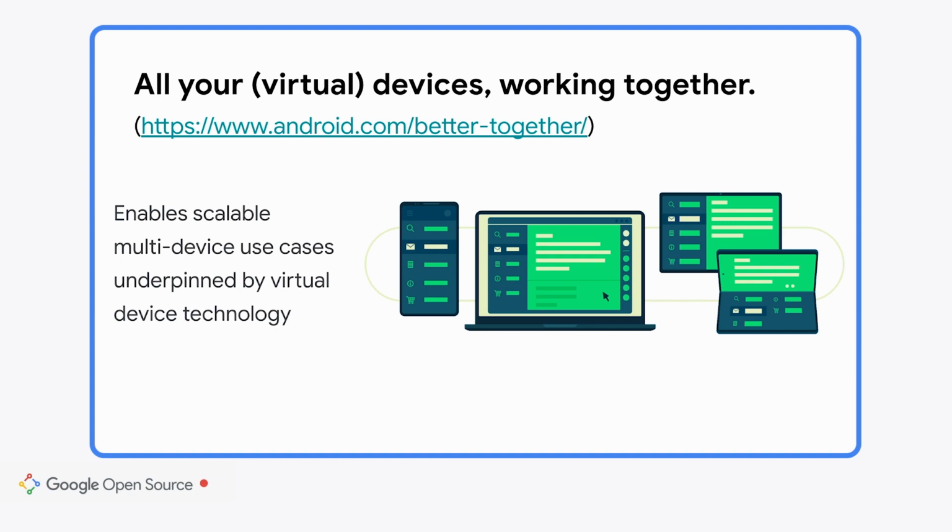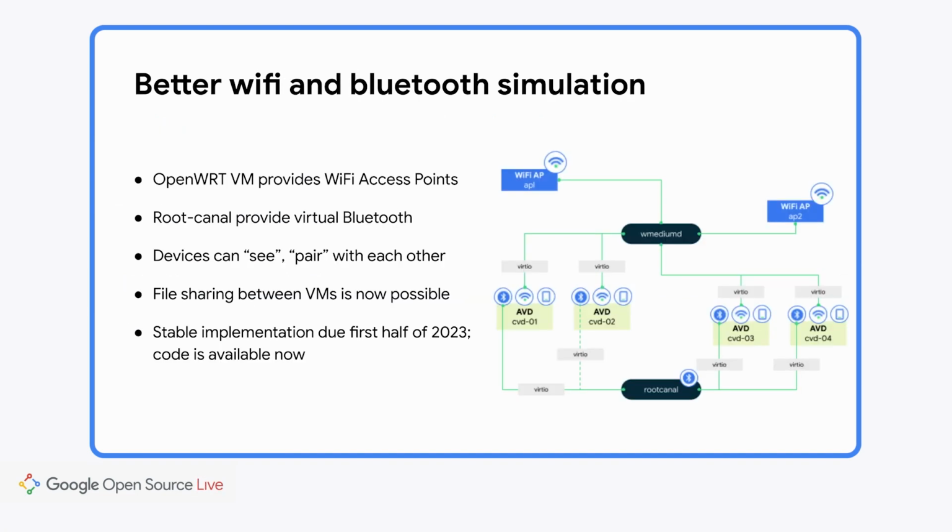And we can explore those by building out virtual devices that use those different device models and have them connected together. One of the ways we're doing that type of connection is we've really invested in adding better Wi-Fi and Bluetooth simulation, so better network connectivity between the different devices.